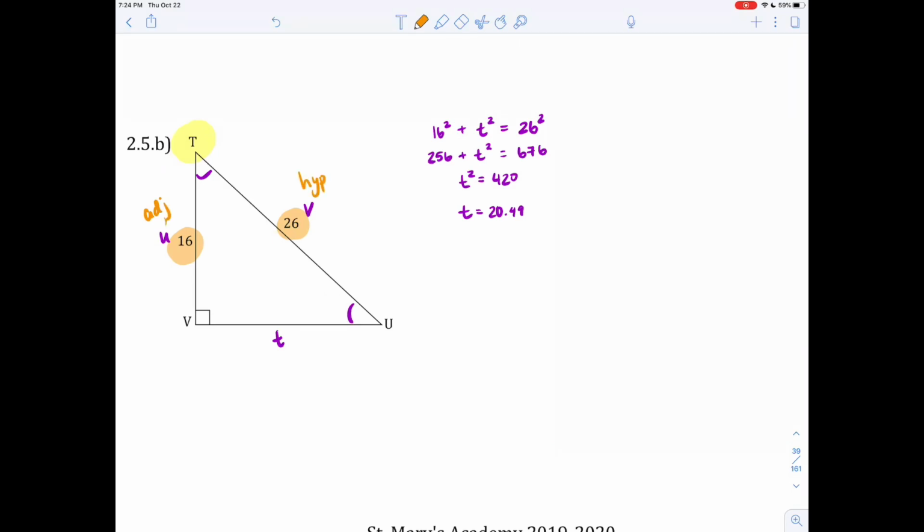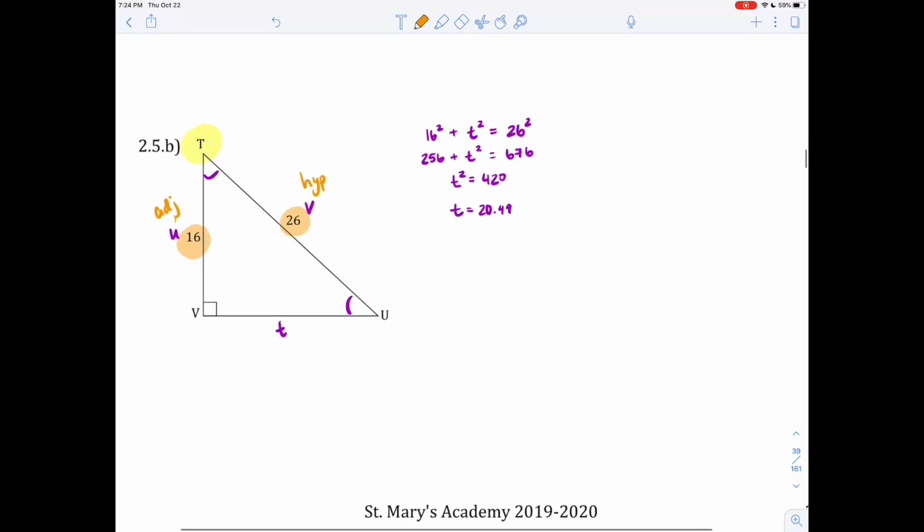Because I have my adjacent and my hypotenuse, I'm going to use the trig ratio cosine. I know that the cos of angle T is equal to my adjacent over my hypotenuse. I don't have to write adjacent and hypotenuse if I don't want to. I can jump straight into cosine of angle T. It's going to be 16 over 26.